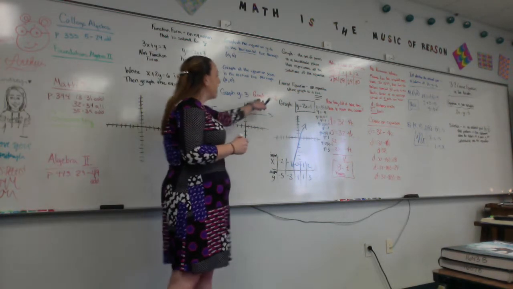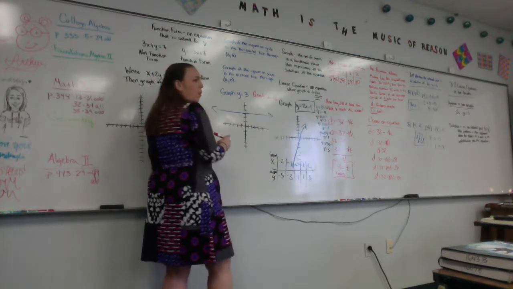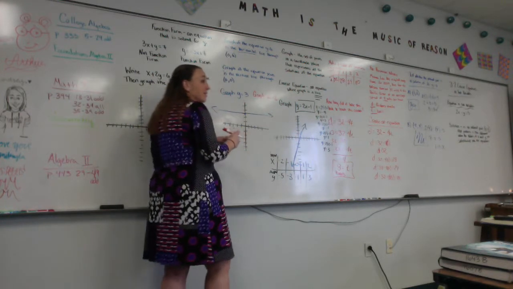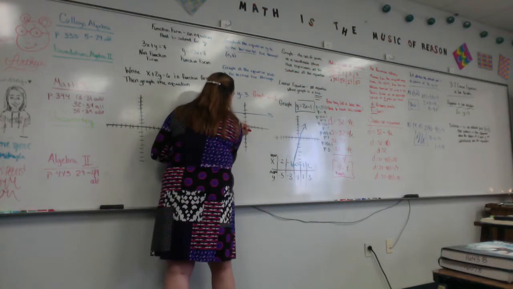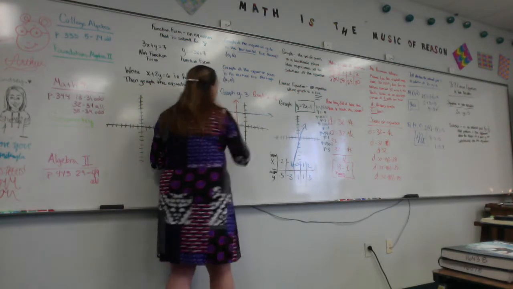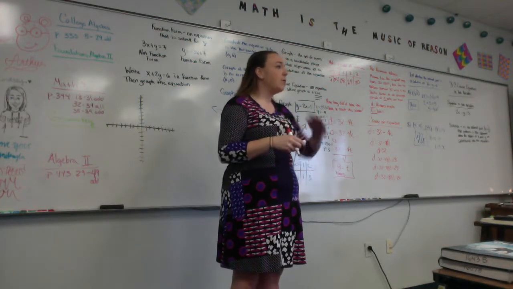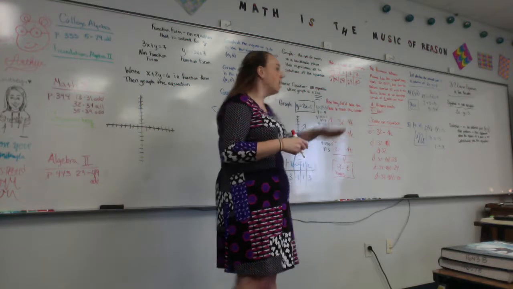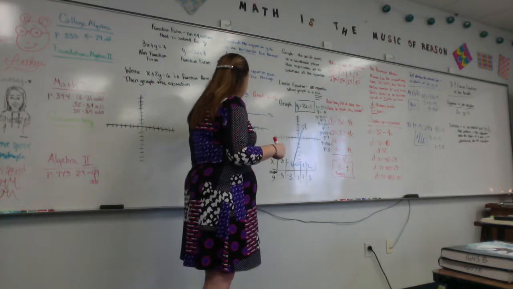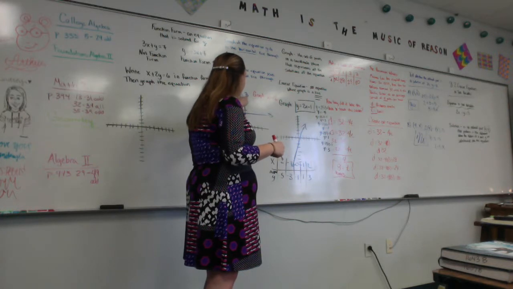How do you graph x equals negative 2? You go left 2, and I'm going vertical. Good. Okay? So when I have an x, I have a straight up and down line. When I have a y, I have a horizontal line. Because when I graph this point, what it's saying is there's a solution.